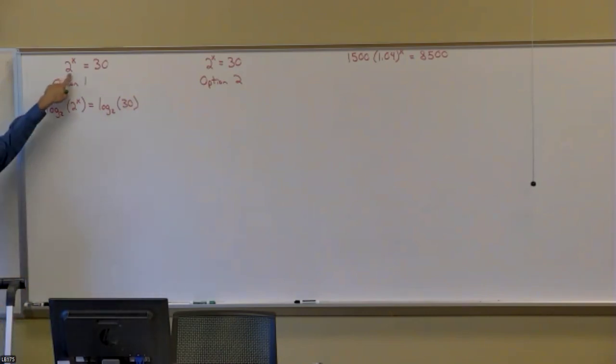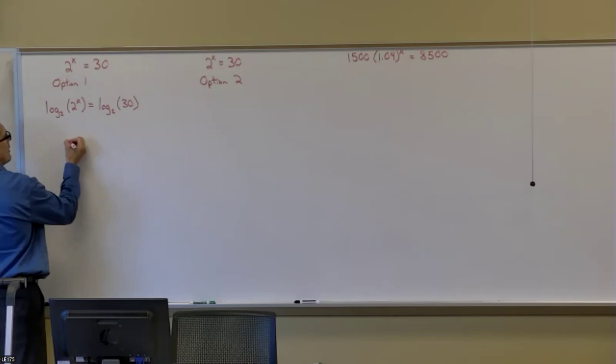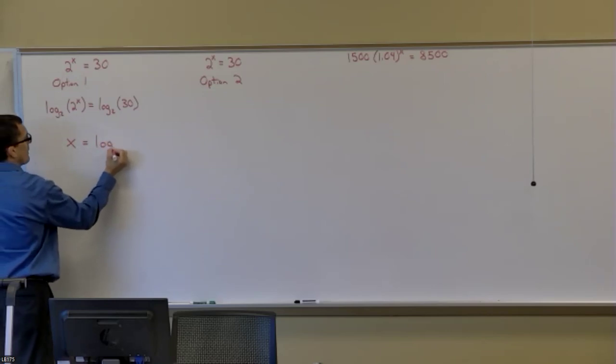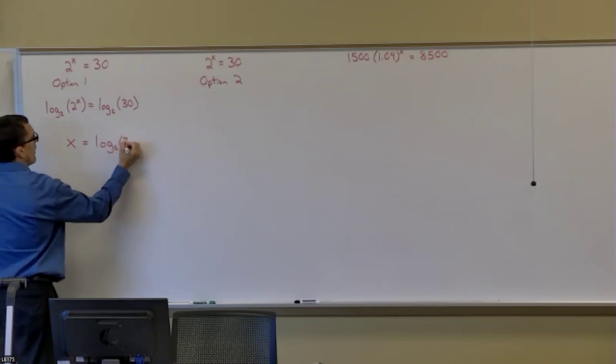Since the base on my exponential piece is 2, I could just take a log base 2. On the left-hand side, that would become x. And on the right-hand side, we'd have log base 2 of 30.